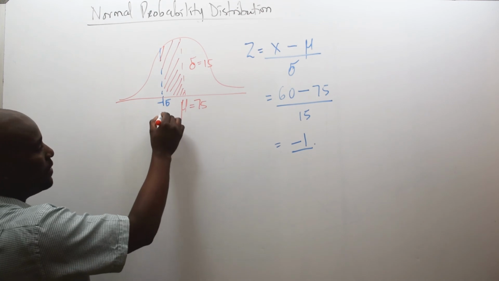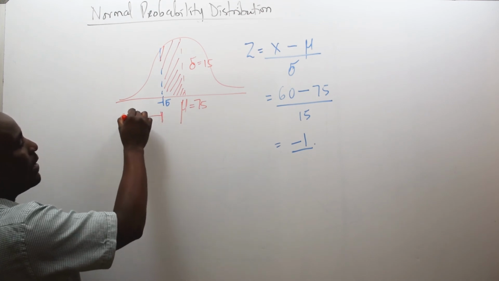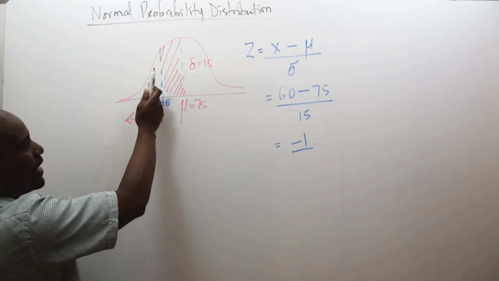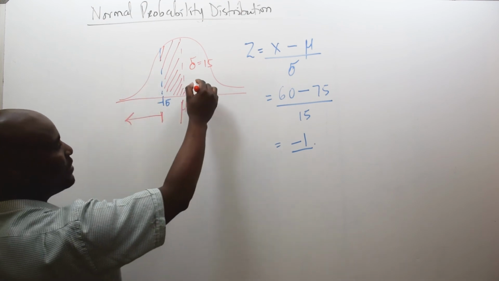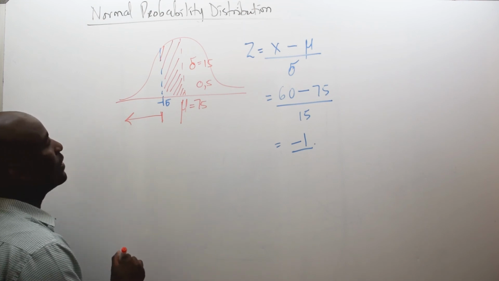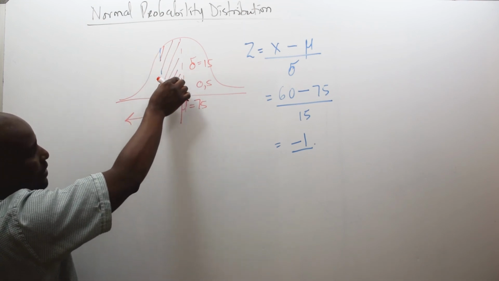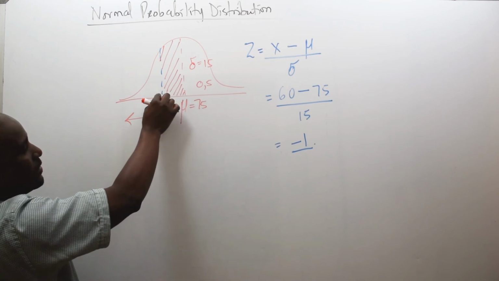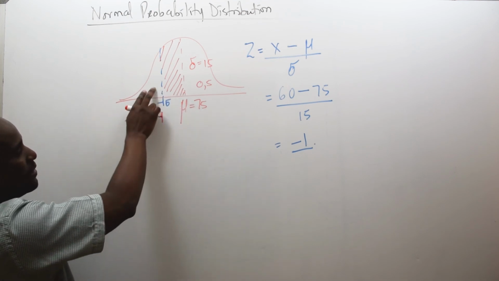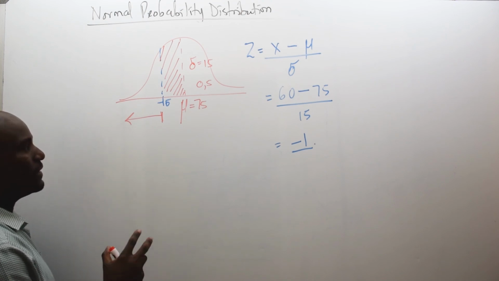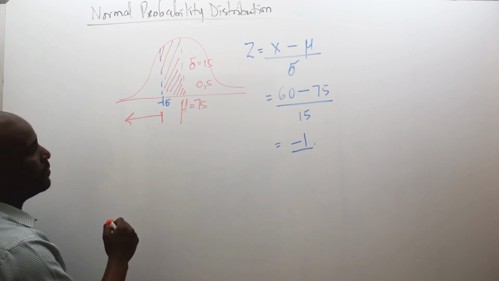So remember, less than, we are looking for this portion here. This is what we are interested in. We already know that this is 0.5. We can estimate that this is going to be about 34 or 35%, and then what remains here would be a smaller proportion, roughly about 16, 17, 18 or less percent.